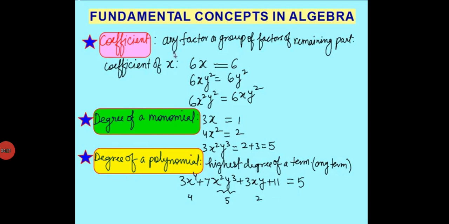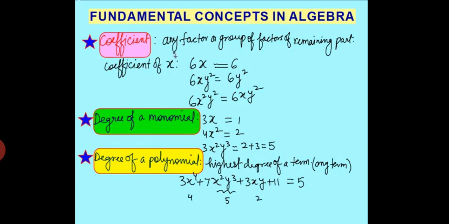Now coming to the coefficients. What are coefficients? Any factor or group of factors of the remaining part is the coefficient of x. For example, here 6x. Coefficient of x means the factor or group of factors remaining. Here in 6x only 6 is remaining without x.